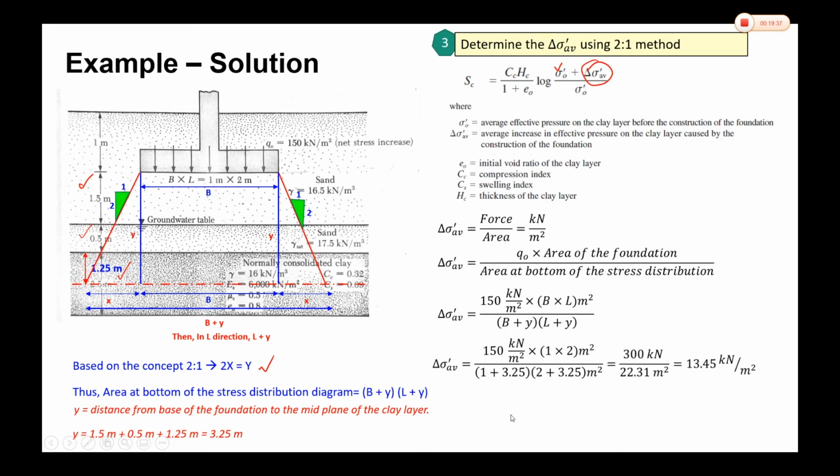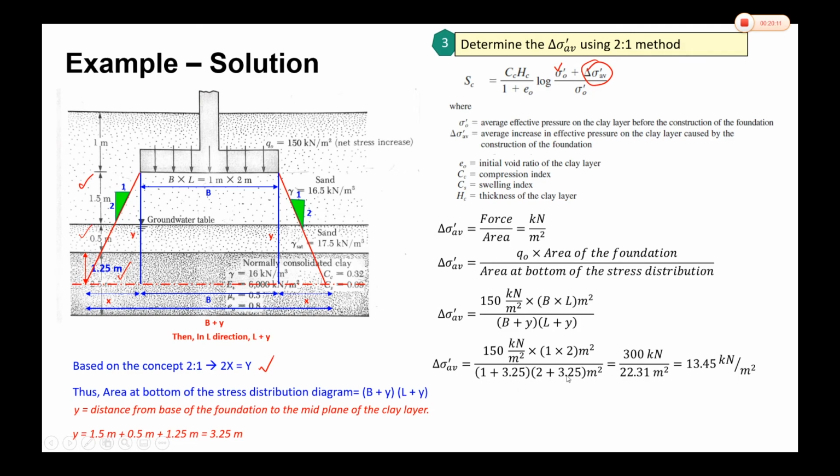So we can substitute all the values. The width B of the foundation is 1 and the length is 2 meter as given here. And then B plus Y, we know that Y just now is 3.25, so we have 1 plus 3.25, where 1 here is B, and then 2 here is L, plus the Y of 3.25. So on the upper part, 150 times 2 is 300 kilonewton.